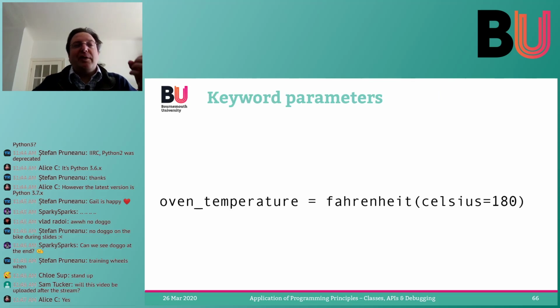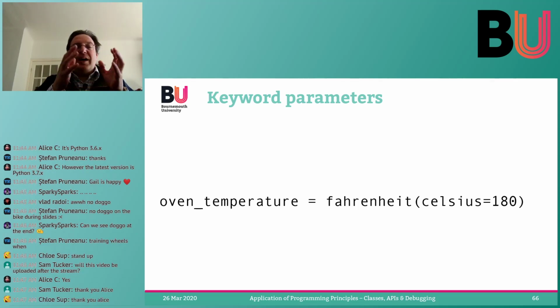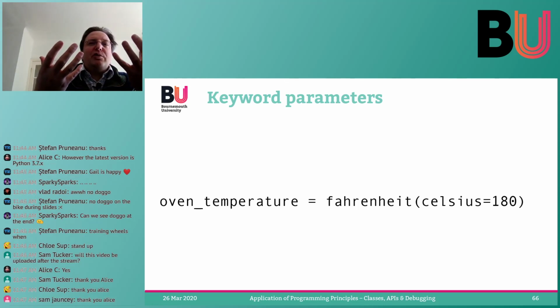Python has one feature that's quite cool. I don't think you have used it yet. That is named parameters. When do you use that? Why do you have that? You don't have to use it. If you call this function without the name, it works correctly. But why do you want to use it? Because it makes it easier for the reader of your code to know what it means.